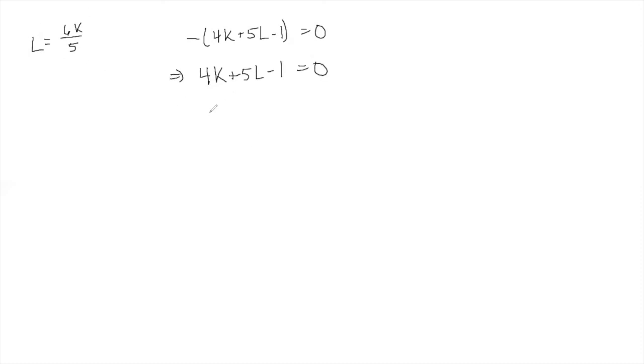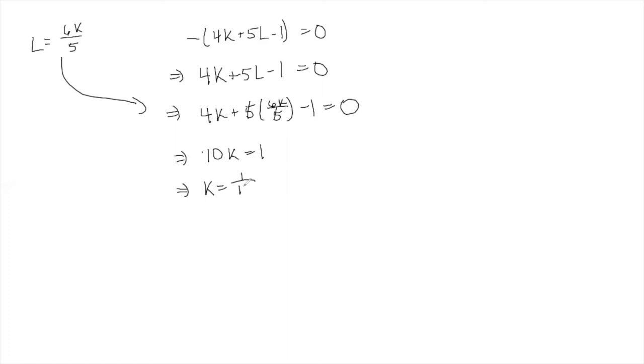And I'll make this substitution. 4k plus 5 times 6k over 5 minus 1 equals 0. Oh, look at that. Isn't that convenient? That 5 and that 5 are going to cancel. So I get 4k plus 6k minus 1. So that gives me 10k equals 1. Right, just bring the 1 over to the other side. And k equals 1 over 10.